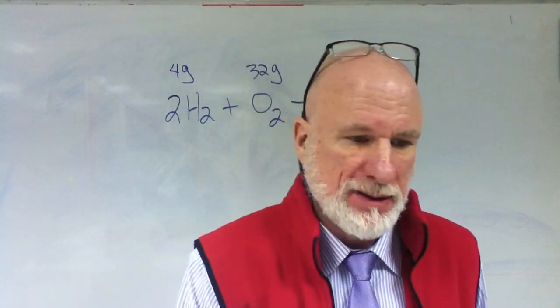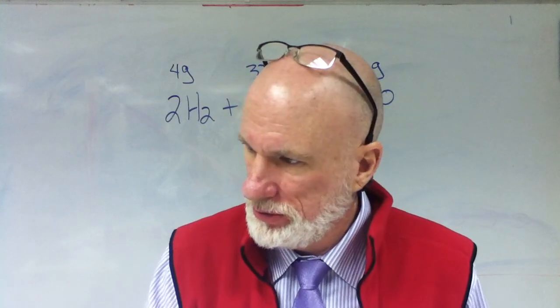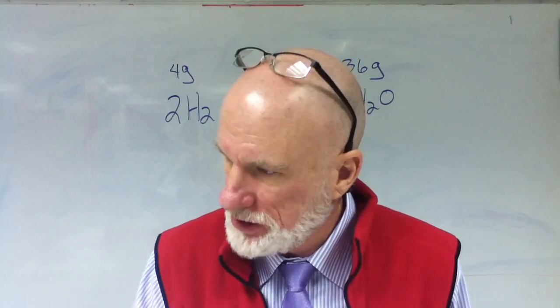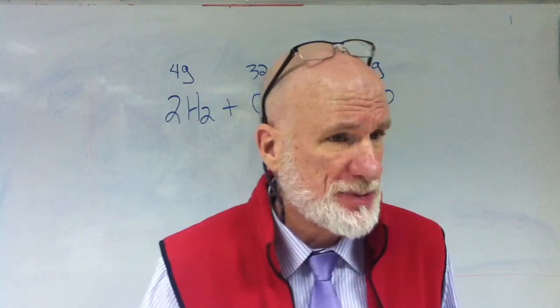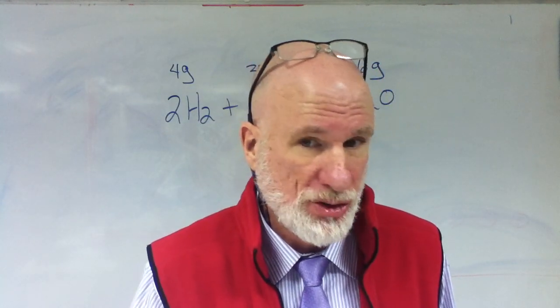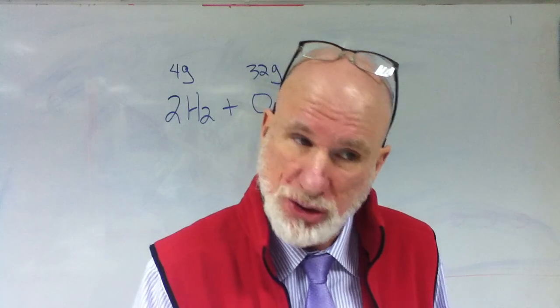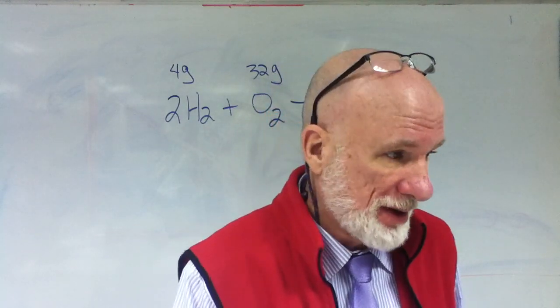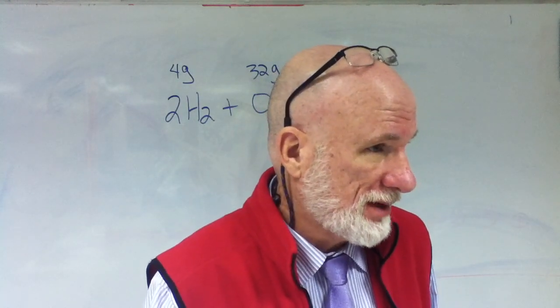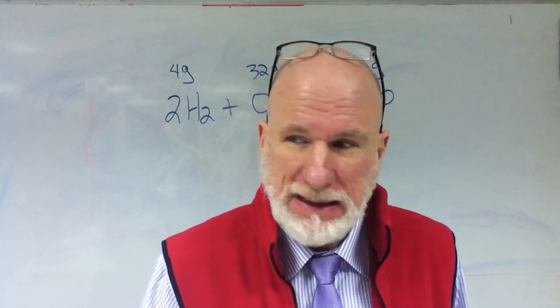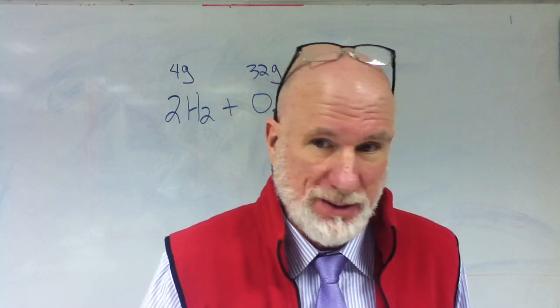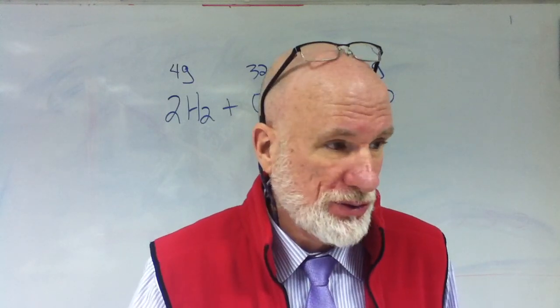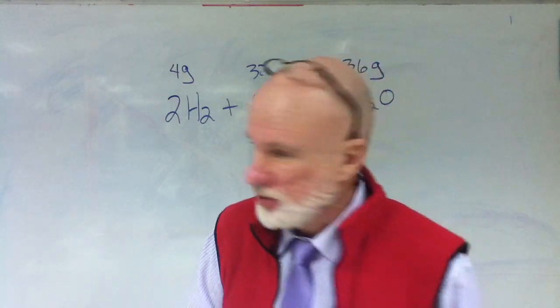Now, let me show you what limiting reagent is. You could do this by inspection. The problem could be very easy, or it might be a little more difficult, but either way, limiting reagent is not difficult. It's just doing one or two mass-mass relationships. That's all it is.